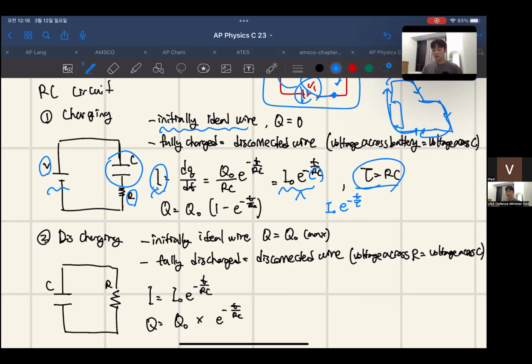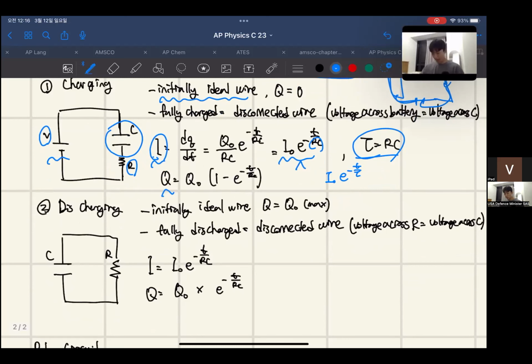However, as the portable charger gets more charged, your battery will think, oh, the portable charger is charged more, I'm going to charge it at a slower rate, and the current will decrease, and the portable charger will not work as an ideal wire. It's going to work more like a resistor because it's resisting the amount of current that's flowing toward the capacitor.